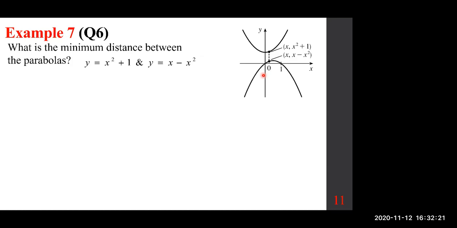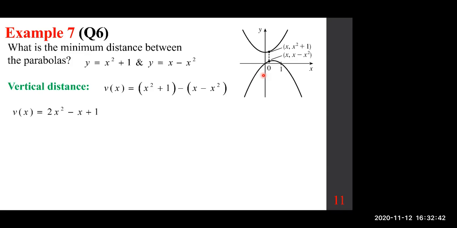So what is the vertical distance? The difference in y, class. So the y of the top minus the y of the bottom. All right, so let's rewrite this. I hope everybody can see that this is minus x plus x squared, of course.